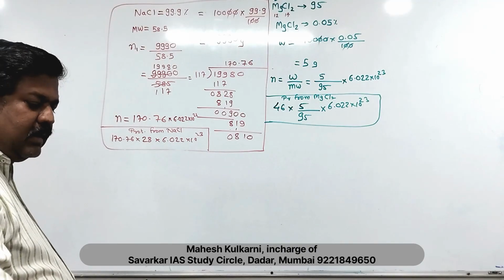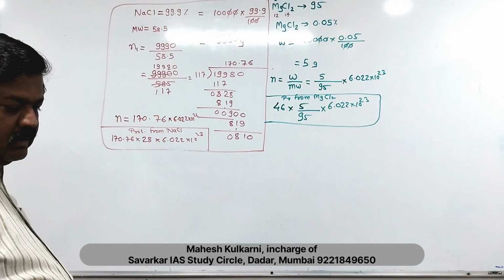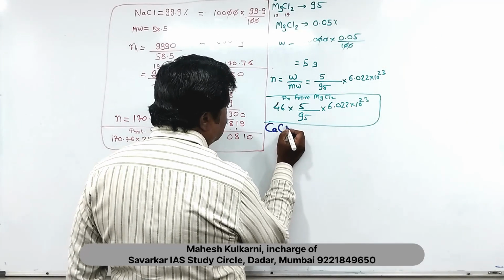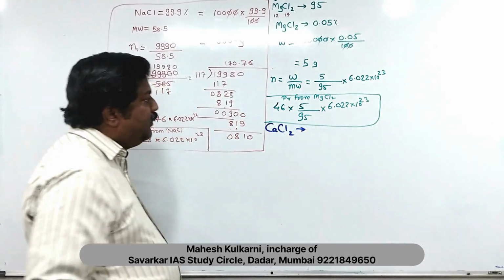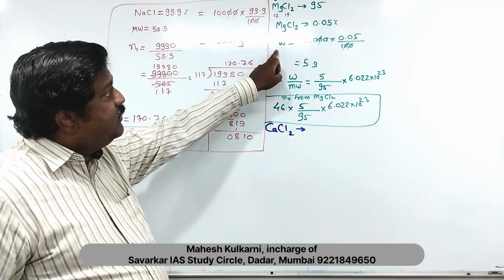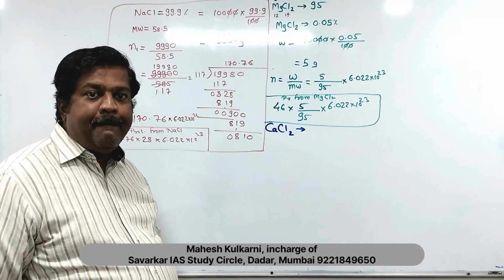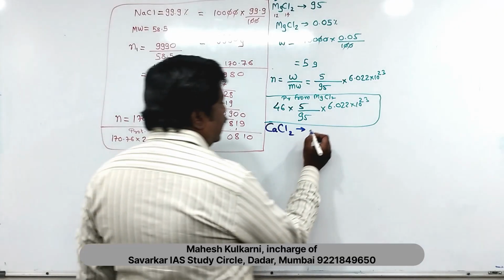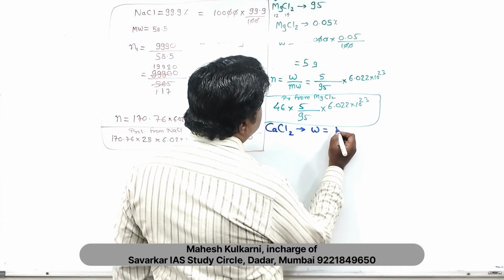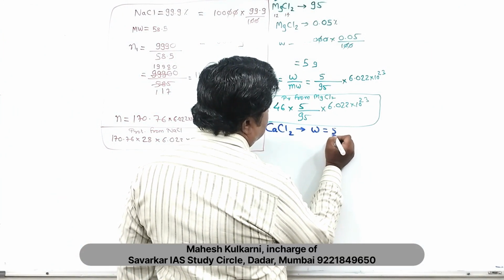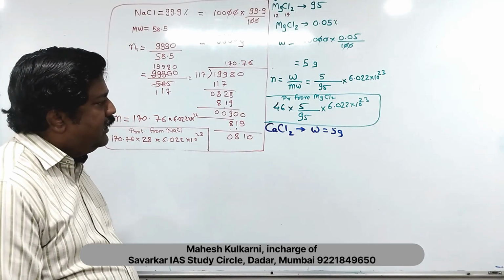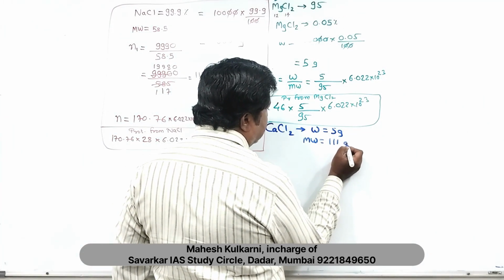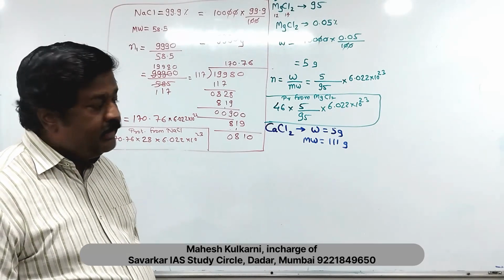Now third part I have to check, that is calcium chloride. So obvious thing, weight of calcium chloride should be same because it is 0.05%. So weight I should not calculate now, it is just 5 gram. Now MW of calcium chloride, we are aware it is 111 gram from previous sum only.